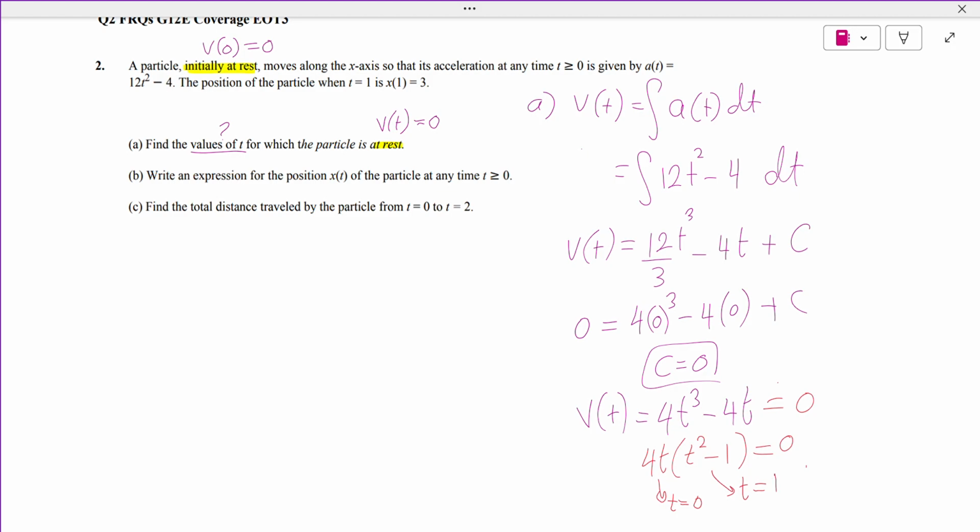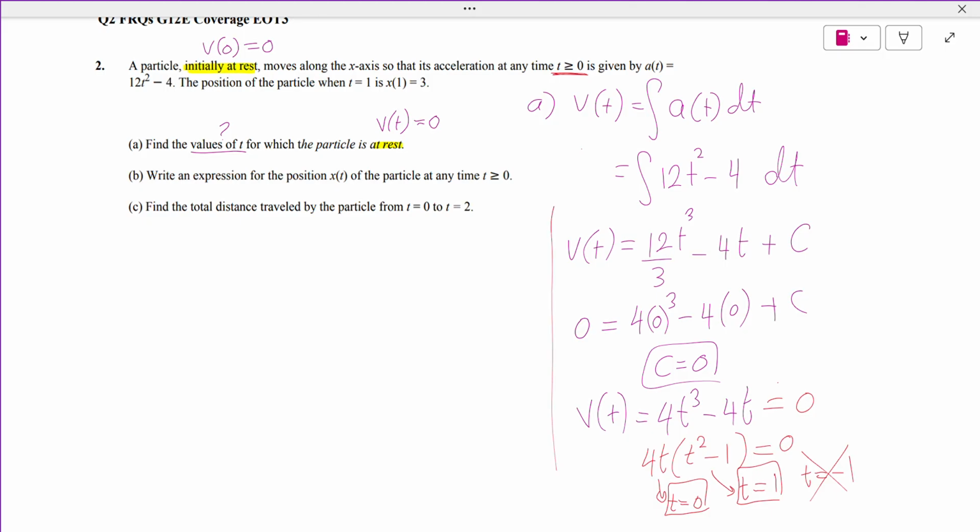But minus 1 is rejected because t is bigger than or equal to 0 as mentioned in the question. So the t values where the particle is at rest are 0 and 1. So this is part A.